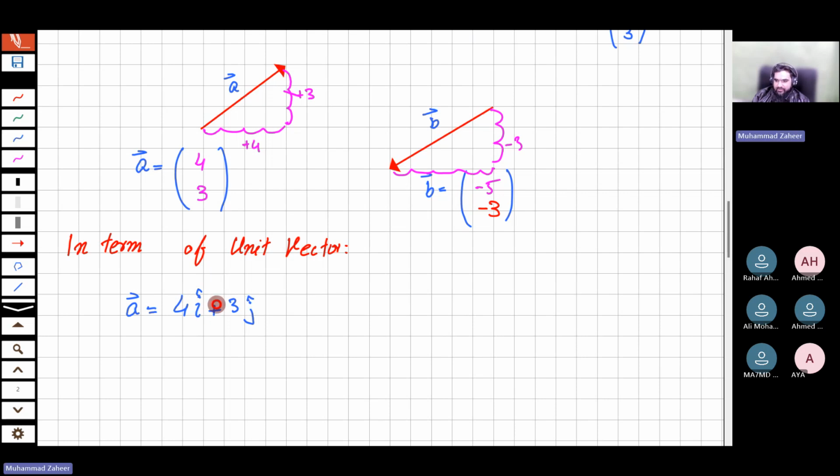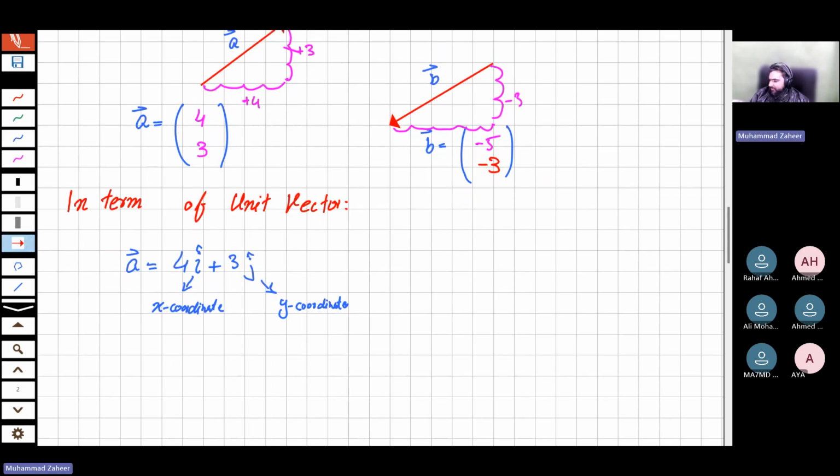The i vector and the j vector are the unit vectors that show the direction. We have to use i for the x coordinate and the j vector for the y coordinate. It is a unit vector, meaning the magnitude is 1, it just shows the direction. For example, this is the grid.